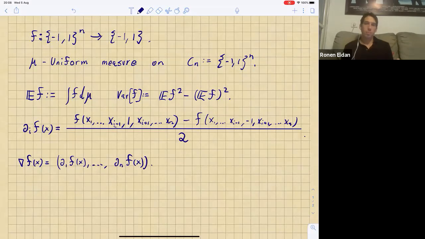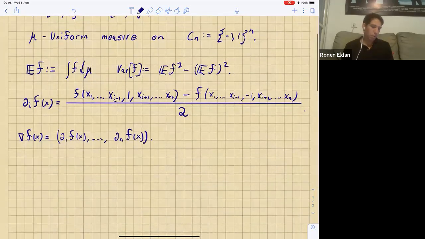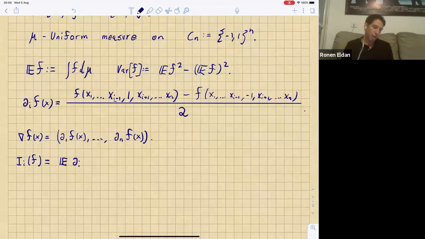Good. And we're going to say that a function is not oscillating so much locally if its partial derivatives at the point are small. A notion that we're also going to like is the ith influence of f, which is just going to be the expectation of the ith derivative of f squared.